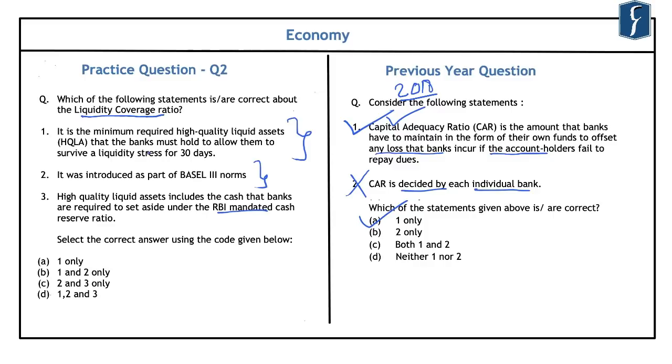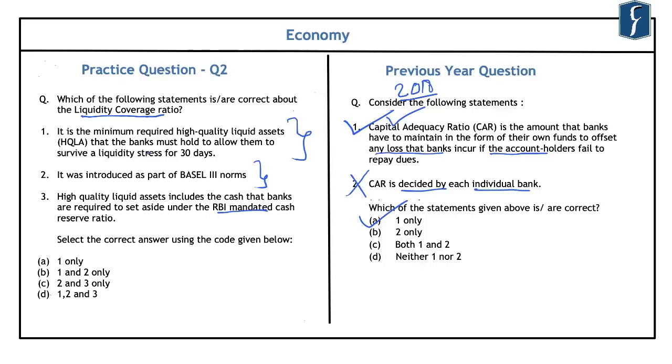And some of the high quality liquid assets include cash which is lying with the banks, which is outside the CRR requirements. Again, gold is considered a high quality liquid asset. Also, those government securities which are lying outside the SLR requirements for the banks are also considered as high quality liquid assets. And again, the high rated corporate bonds are also considered HQLA.